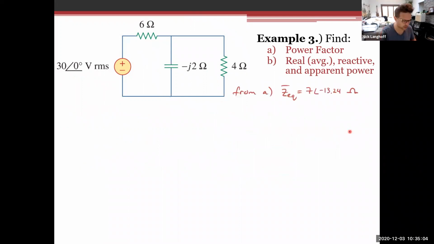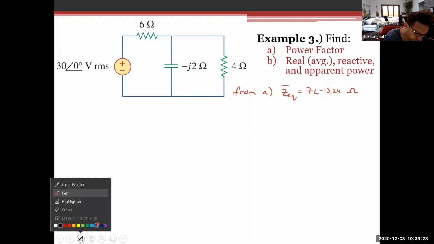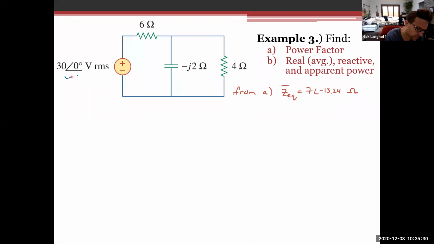All right, now let's actually calculate the real and reactive and apparent powers. For this part, we need to find the current, right? If we want to know the power, we need the voltage times the current. So let's start by giving some phasor names here.